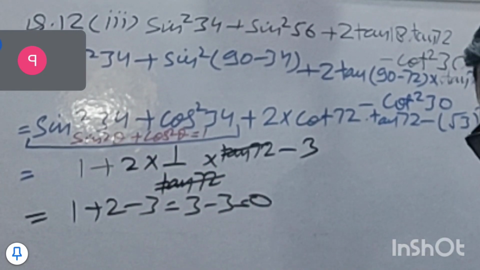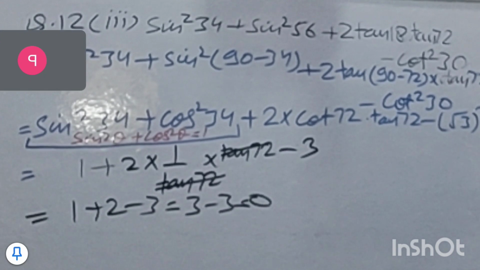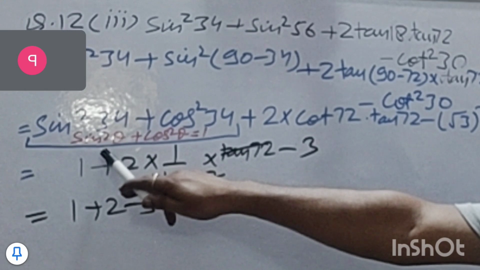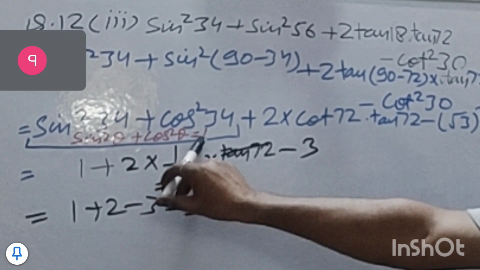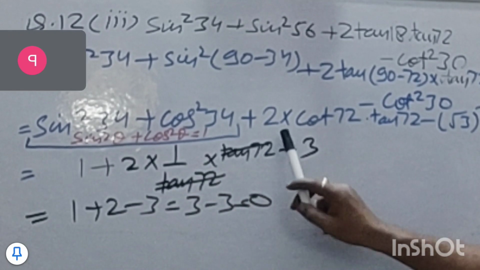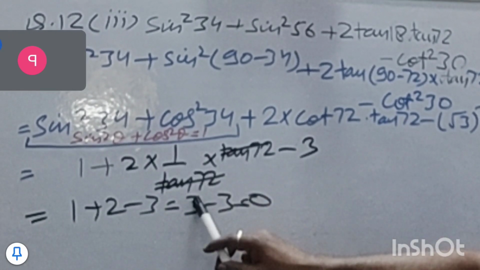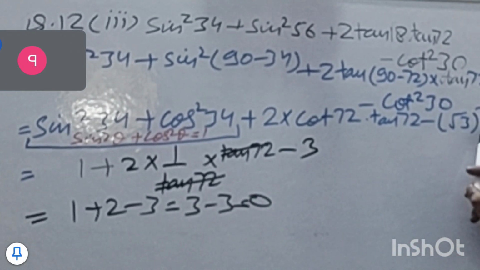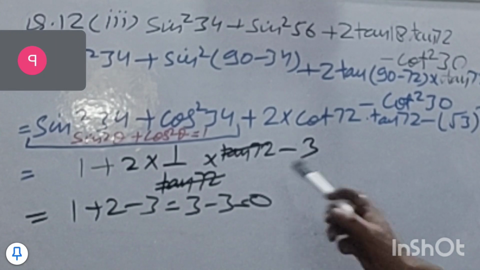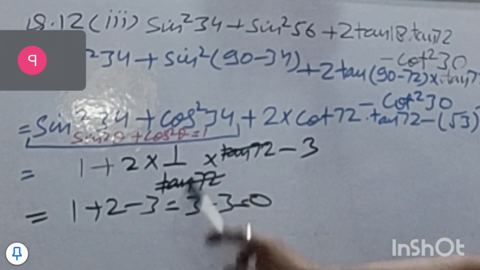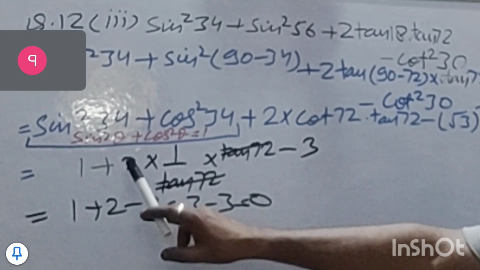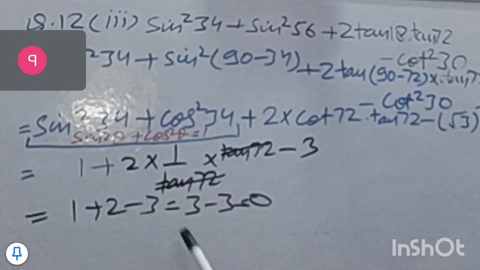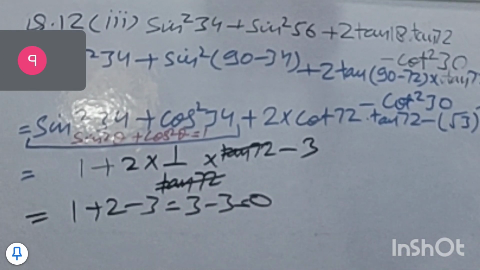This is what we have. sin² 34 plus cos² 34 is 1, so I write 1 here, and cot 72 becomes 1 upon tan 72 into tan 72, and √3 whole squared becomes 3. Now tan 72 and tan 72 are cancelled off, we get 1. So we have 1 plus 2 minus 3 becomes 3 minus 3, which is equal to 0.